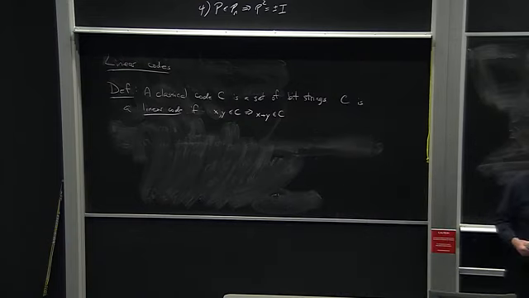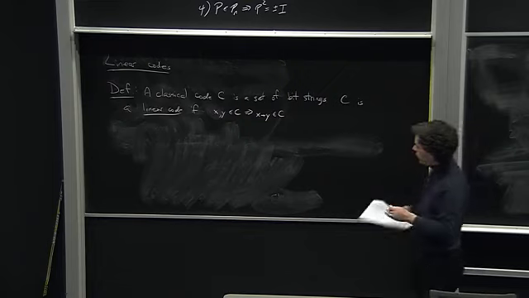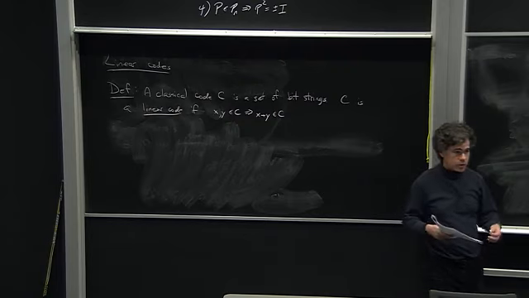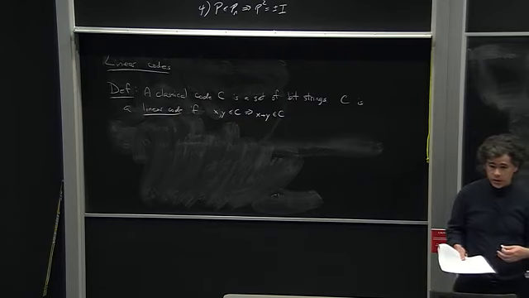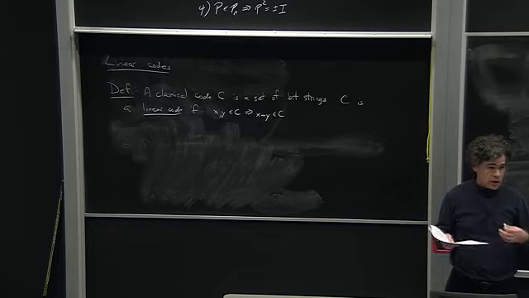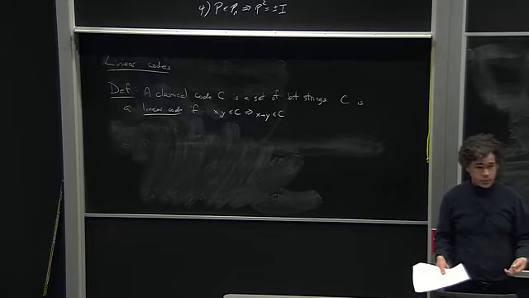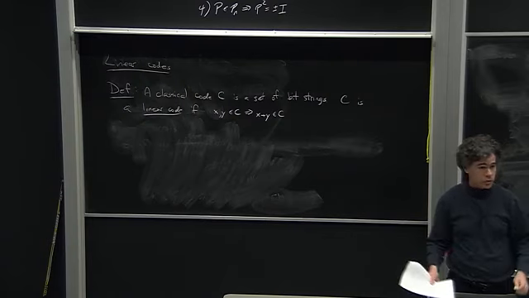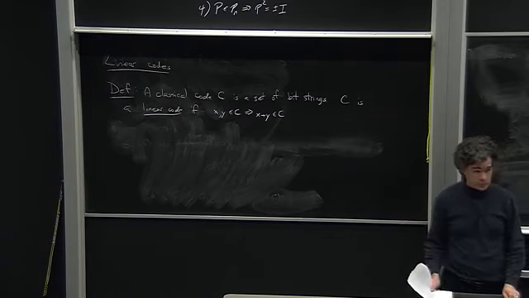What this means is that the code itself, you can think of it as a binary vector space. That's a subspace of the binary vector space of all n-bit vectors.